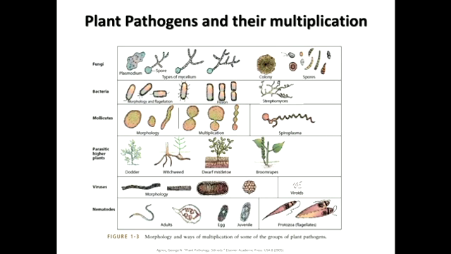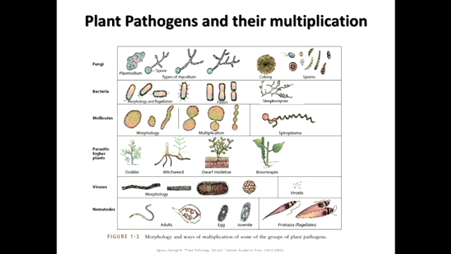So we should know about the plant pathogens and their multiplication. If I start from fungi on top, you can see the mycelia of the fungi. The mycelia are of 2 groups: one is septate mycelia, and another group is aseptate mycelia. So these are 2 major groups. One fungal group belongs to the septate mycelial group, another is the aseptate mycelial group.